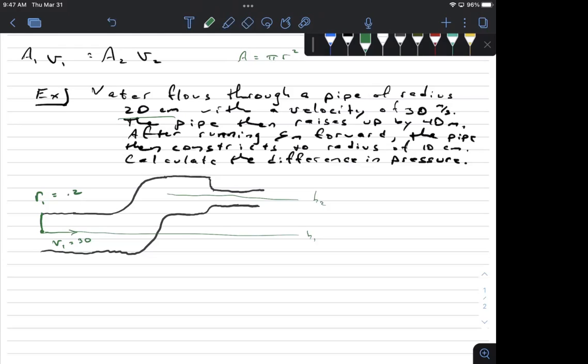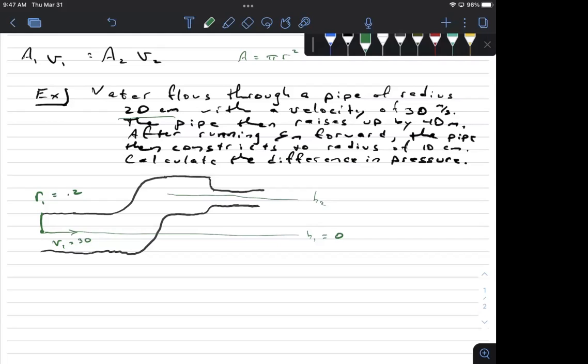And so what I do whenever I have a problem like this, where the pipe changes height, I choose the lowest location to be called 0 meters. That's the 0 height position. And so for this problem, H1, I'm just going to call 0.